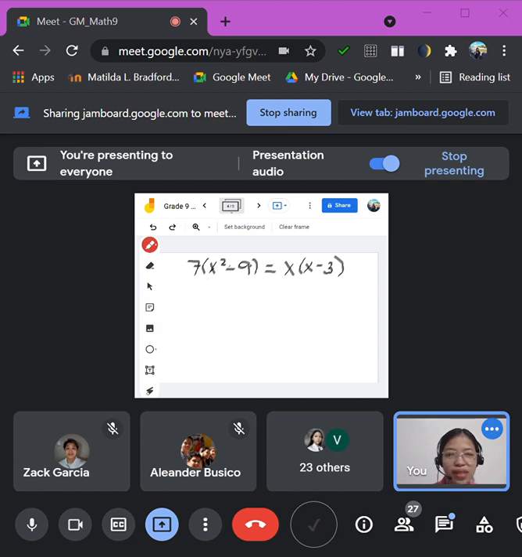How about this x squared minus 9? Ma-factor ba siya, class? Sige, try to remember your factoring last year.